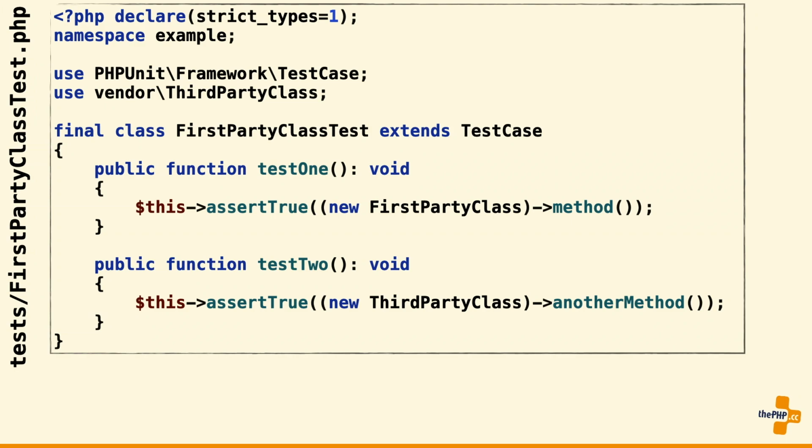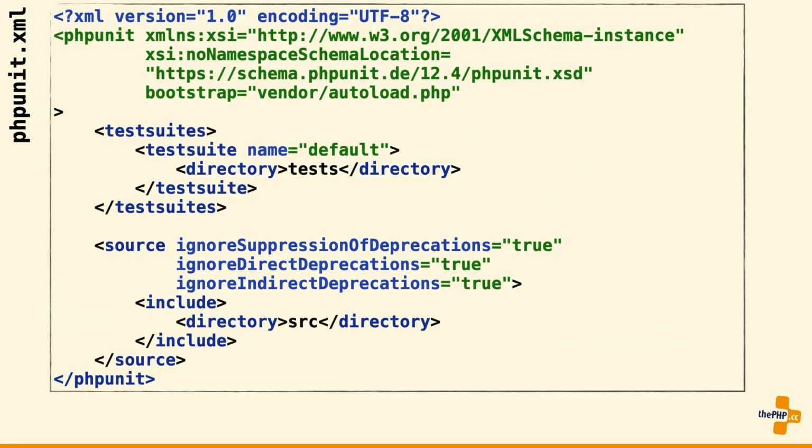And if you run your tests, you can configure PHPUnit to treat deprecations in these different areas of code, first-party code, your code, and third-party code, vendor dependencies, differently, because only you can do something about deprecations in your code, and you want to deal with them as soon as possible, if you ask me.